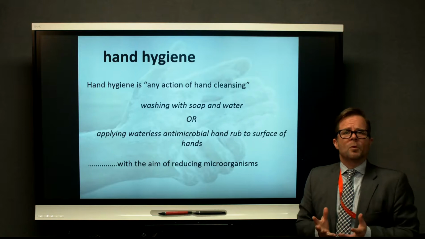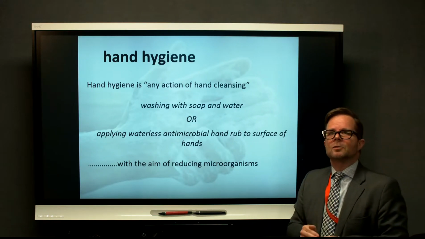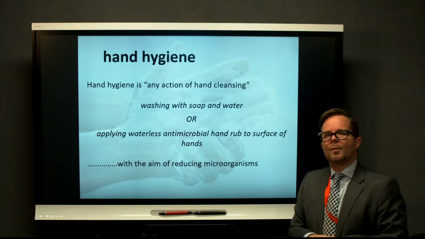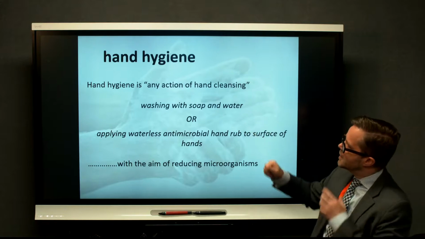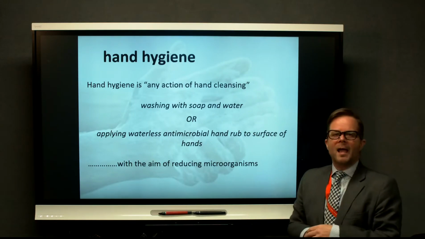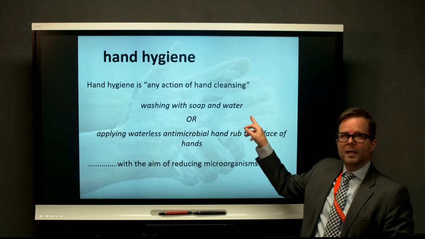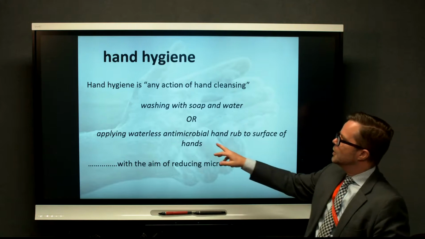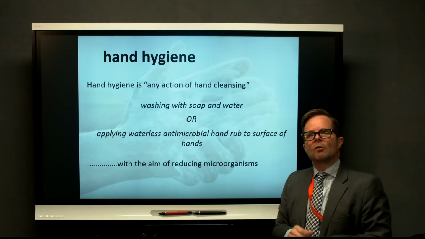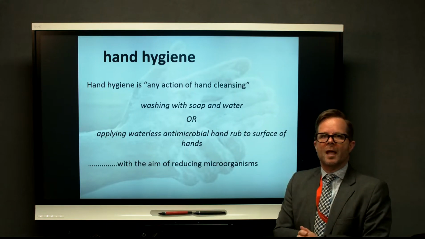I want to talk a little bit more about hand hygiene because, as I said before, hand hygiene is fundamental to safe practice and the prevention of infection. Hand hygiene is defined as any action of hand cleansing. So it can be, and is commonly, washing with soap and water, or it could be using a waterless antimicrobial fluid to rub the surface of the hands.